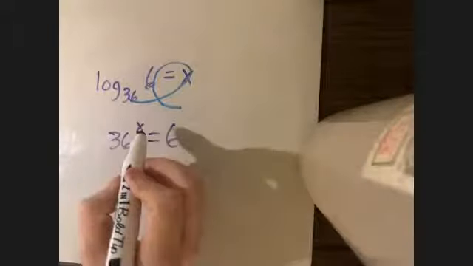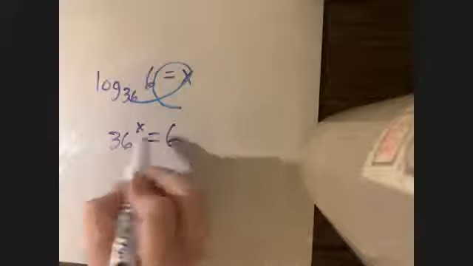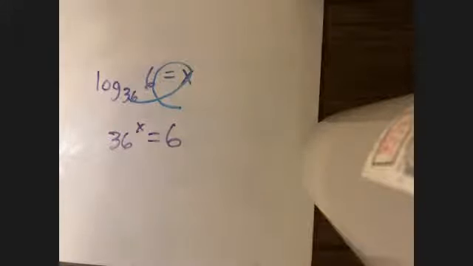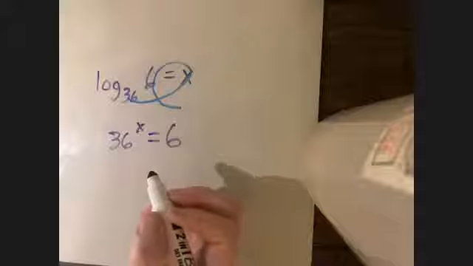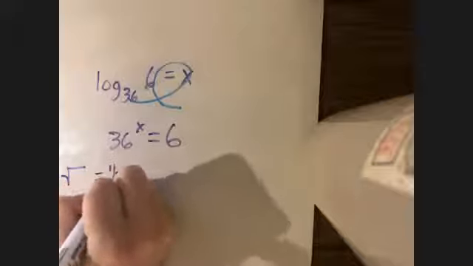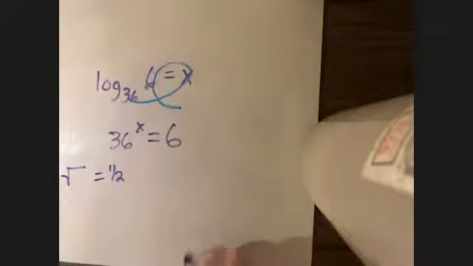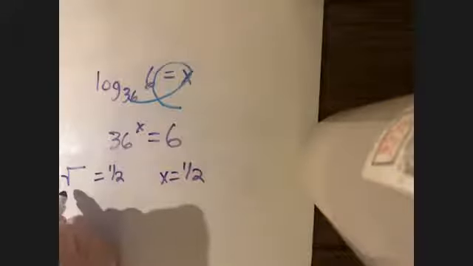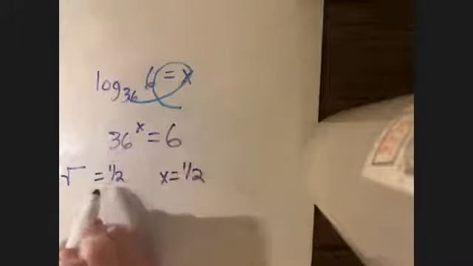So it's not like a 1 over, so this is not going to be a negative exponent. If we think about this, the square root of 36 is 6, and the way that we do this is square root is the same thing as an exponent of 1/2. So x is going to be 1/2 in this case. So if you need to do a square root of a base to get to an answer, then that exponent is 1/2.